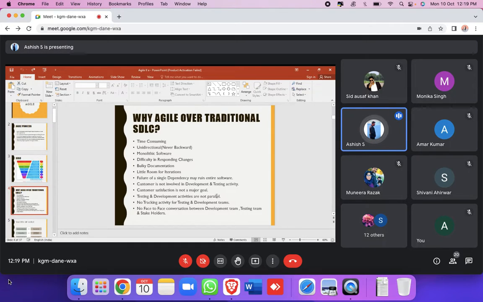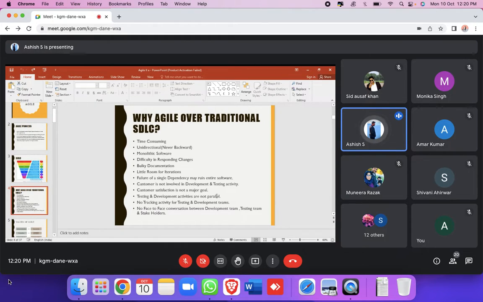You can just go through it, like why Agile over traditional SDLC. So all the traditional models are time consuming compared to Agile. As you might have heard, maybe your cousins or relatives working in IT sectors, right?